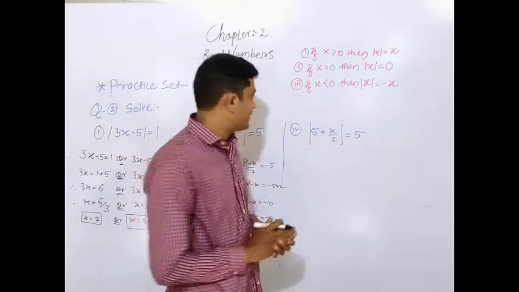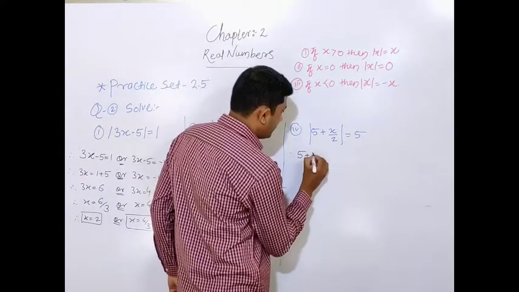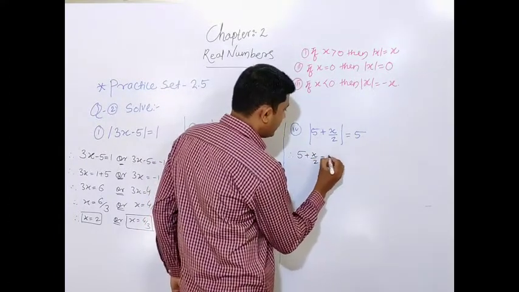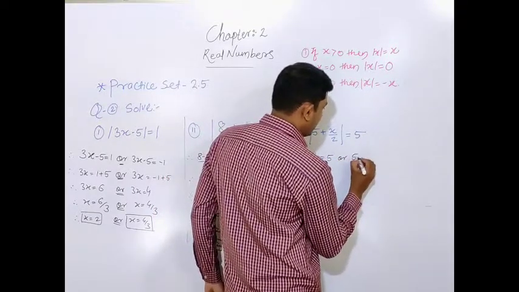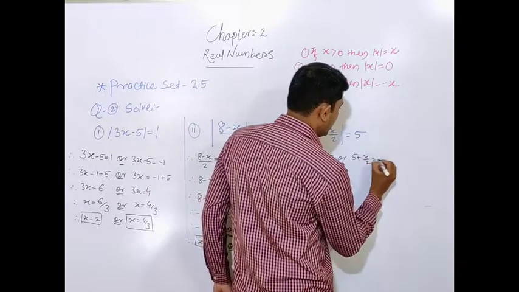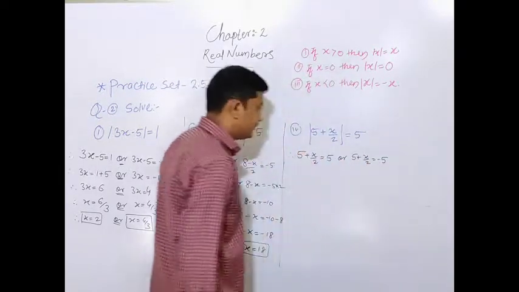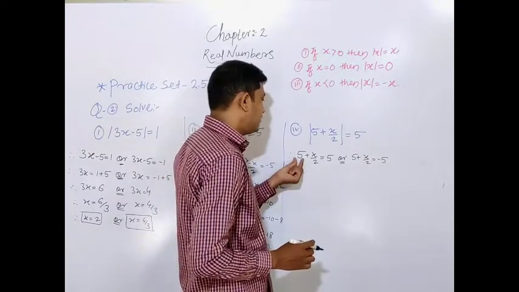Now let's see the fourth example. Therefore 5 plus x upon 2 equal to 5 or 5 plus x upon 2 equal to minus 5. Therefore, transfer the plus 5 from the LHS to the RHS.